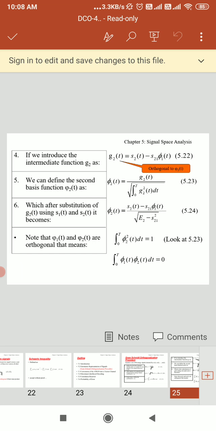So you will get the integral from 0 to T of phi 2 squared(t) dt equal to 1, and the integral from 0 to T of phi 1(t) phi 2(t) dt equal to 0.